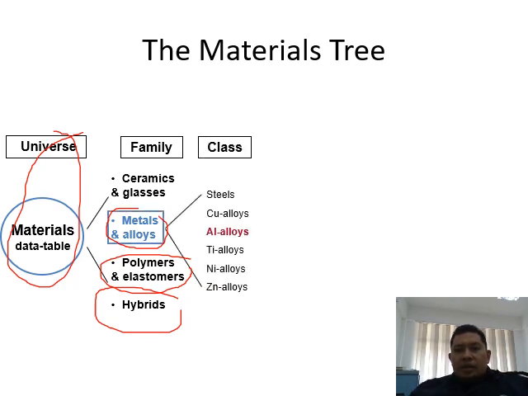Then over here, if you select metal and alloys, you have classes of metals and alloys, including steels. Steels is basically iron, and then you have copper alloys, for example, brass, aluminum alloy, titanium, nickel, zinc alloys, and so on. So you have a list of materials or a material database. Actually, you can see it on websites, for example, MatWeb and so on, for online resources.